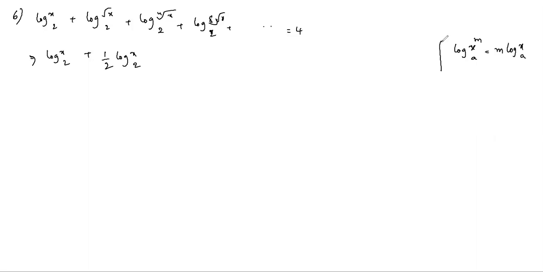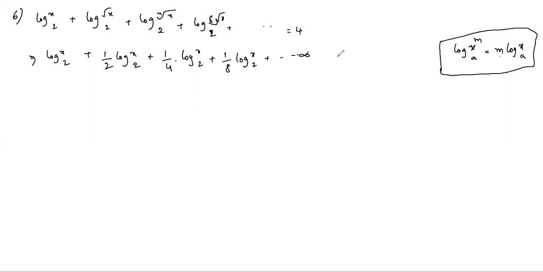If you have a power, you can take it outside. So here x power 1 by 2, 1 by 2 I am writing outside. Next here x power 1 by 4, 1 by 4 I am writing outside. Here 1 by 8, log x base 2, same, and so on up to infinite terms, that is equal to 4.